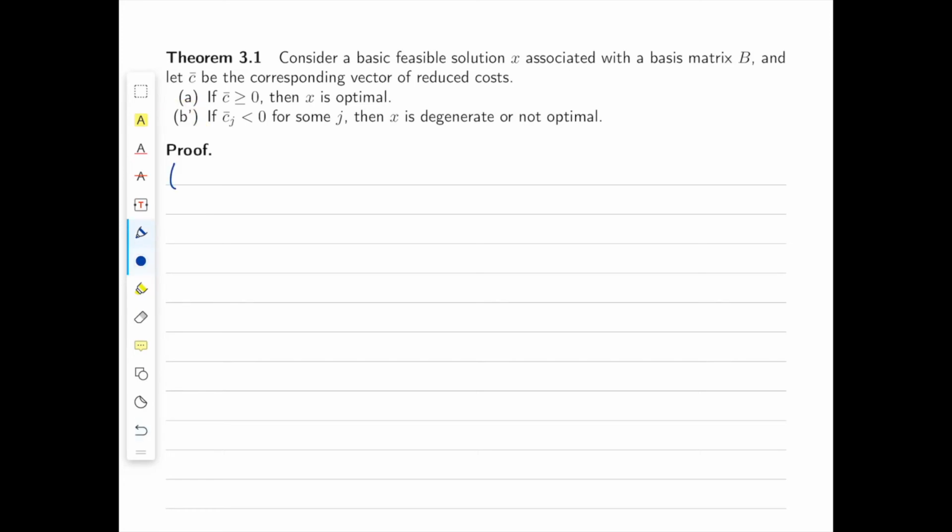Let's start with showing A. So we assume that c bar is greater than or equal to 0, and we want to show that x is optimal. So how are we going to show it? We show c transpose x less than or equal to c transpose y for every y feasible.